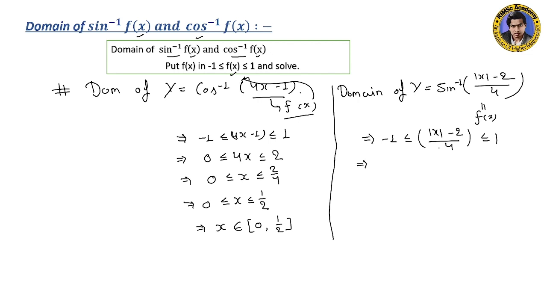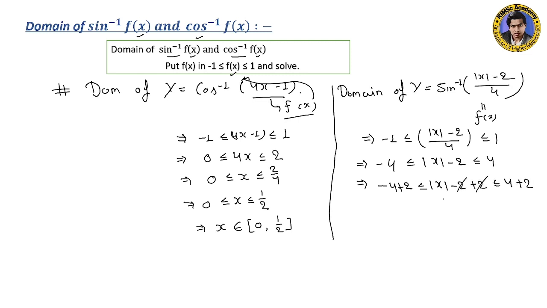Now we solve it. We multiply by 4 on both sides. So -4 is less than or equal to mod of x minus 2, less than or equal to 4. The next step is we add 2 on both sides. So -4 plus 2 is less than or equal to mod x minus 2 plus 2, less than or equal to 4 plus 2.